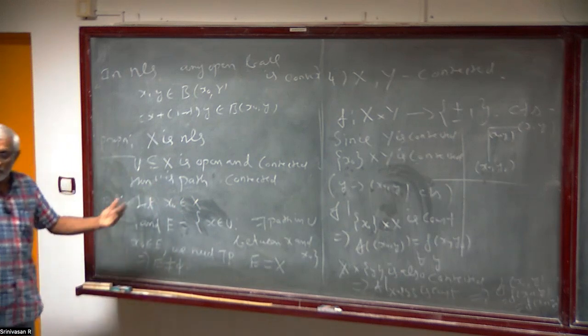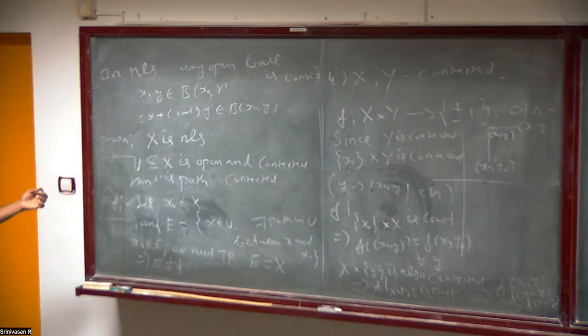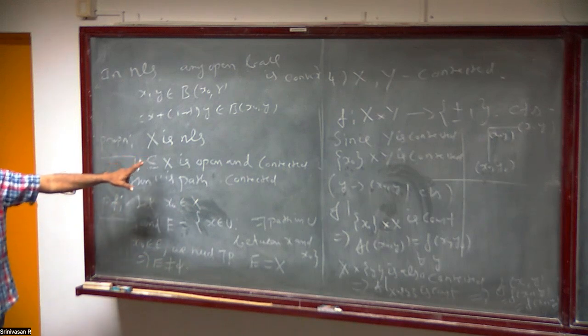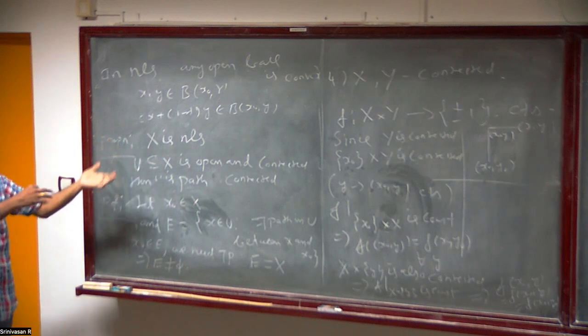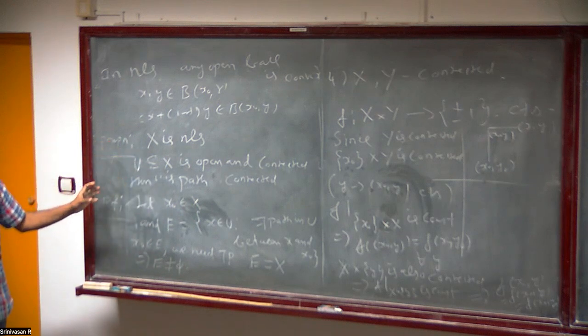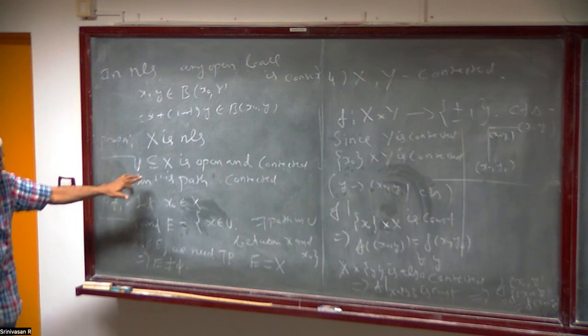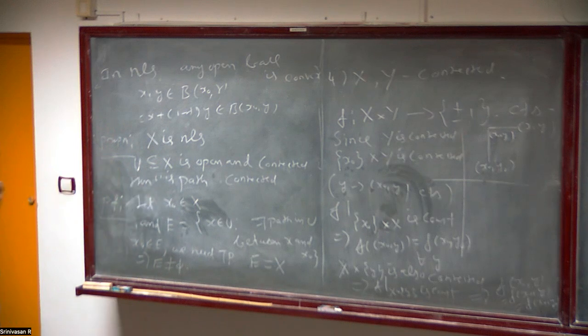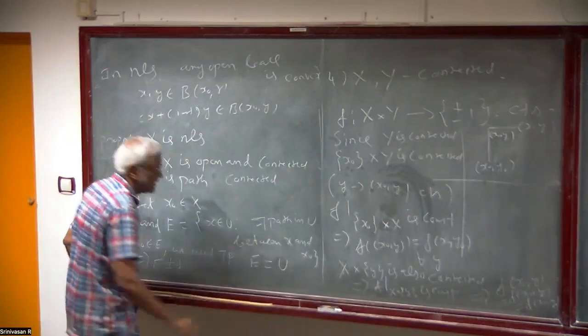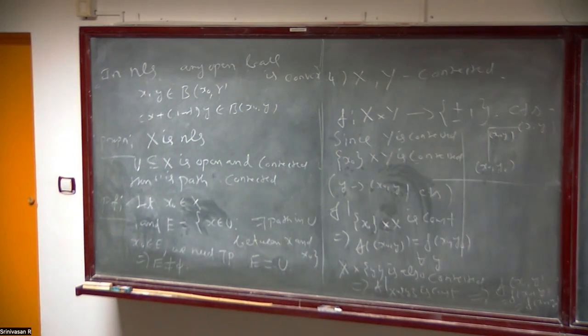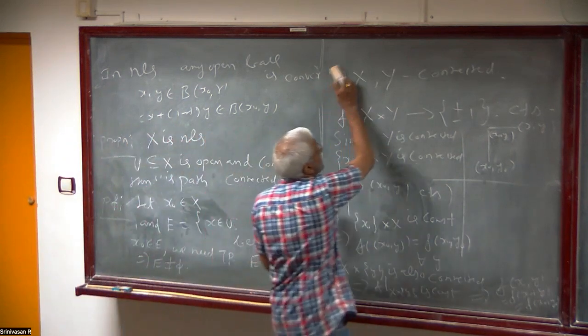Now we invoke the initial implication. Because U is connected, the only non-empty subset which is both open and closed is the whole set U. Now we need to prove that E equals U, not X. So let us prove that.